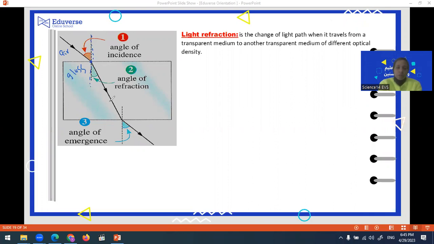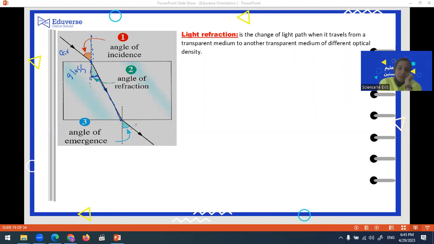Here is the refracted light ray. The angle between the normal and the incident ray, we can call it also the angle of incidence. The angle between the refracted light ray and the normal, we can call it the angle of refraction.